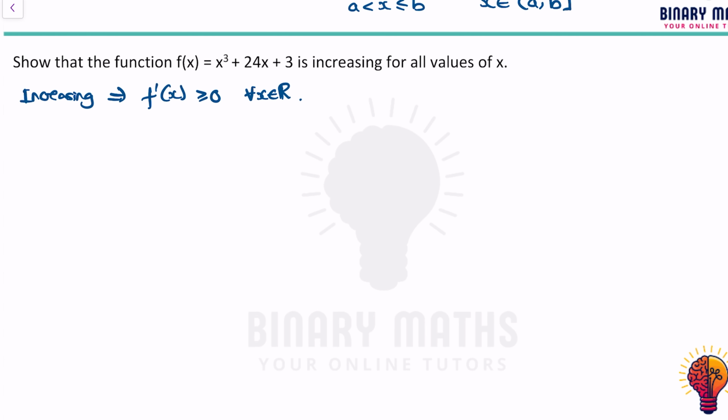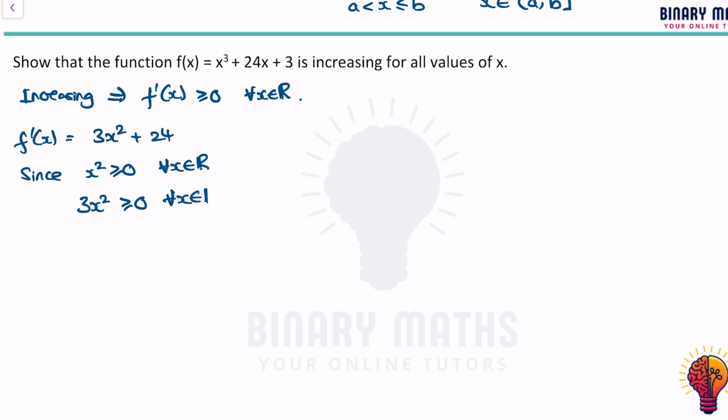So first thing I need to do is work out f dash of x. So f dash of x is equal to 3x squared plus 24. Now we know all square numbers are greater than or equal to 0. So since x squared is always greater than or equal to 0 for all x is an element of reals, then 3 lots of x squared would also be greater than or equal to 0 for all x is an element of reals.